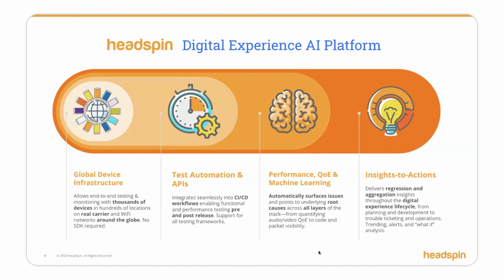The third pillar is where you have performance and quality of experience measurement. Our platform allows you to identify bottlenecks and issues by surfacing the underlying root causes from all layers of your technology stack. Whether it be audio or video quality of experience to the code and even packet visibility, our platform gives you the ability to measure KPIs that you care about, whether they are app, device, network, and even critical user journeys and screen transitions.